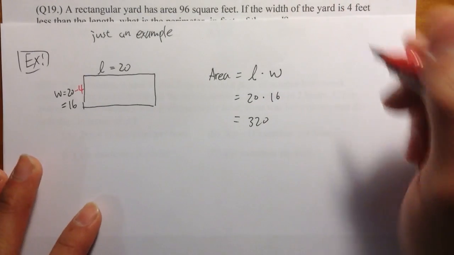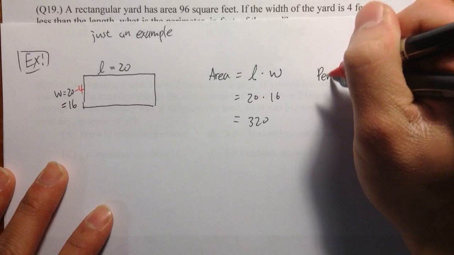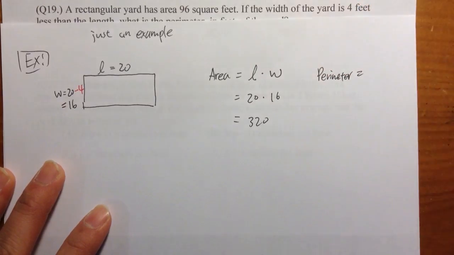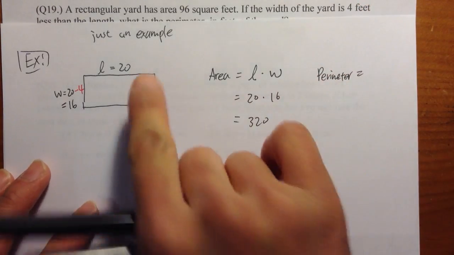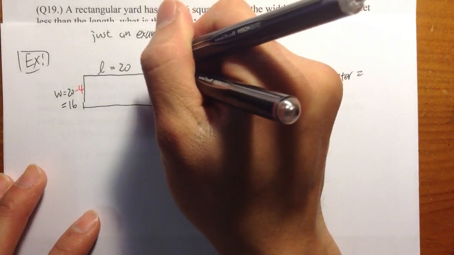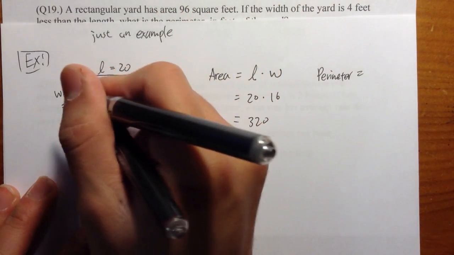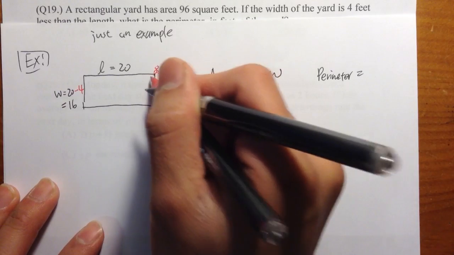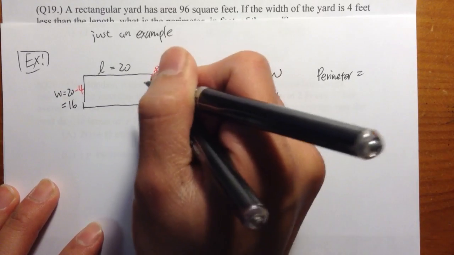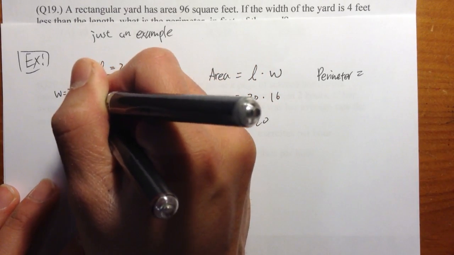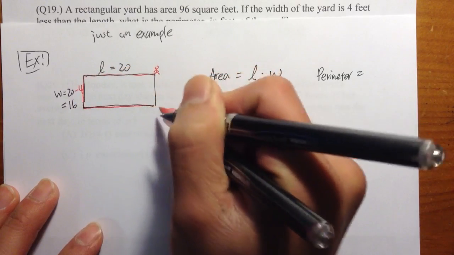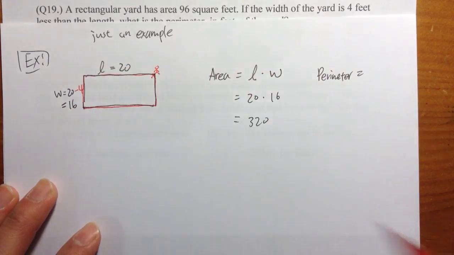Another formula we are going to talk about is the perimeter. Perimeter means, just imagine you are at one of the corners, and you want to run around this yard once, going from this corner to this corner and then doing one lap like this and coming back.